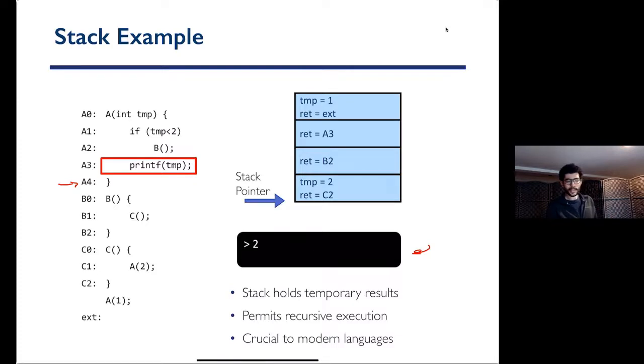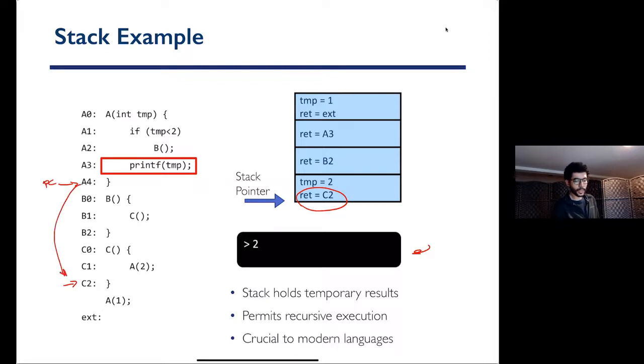This is where the stack comes in handy. We look at the top of the stack to see where to return, and we see that the return address here is C2. So PC is going to jump from here, from A2, to C2.